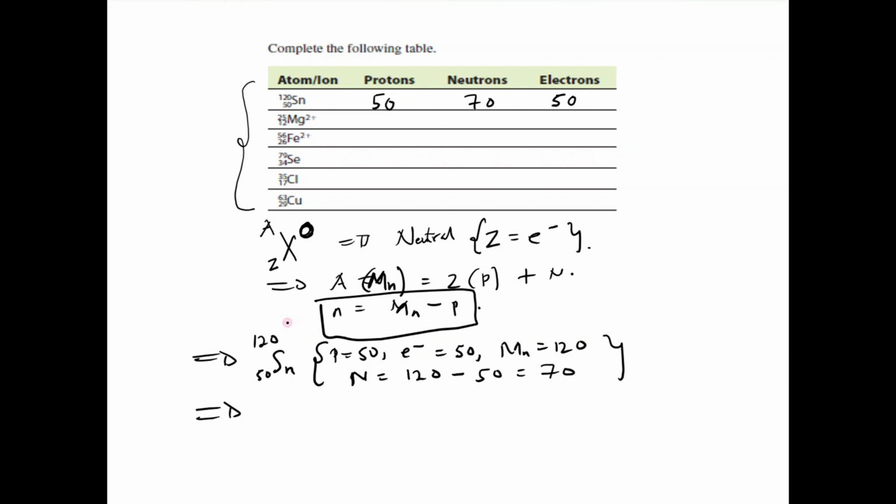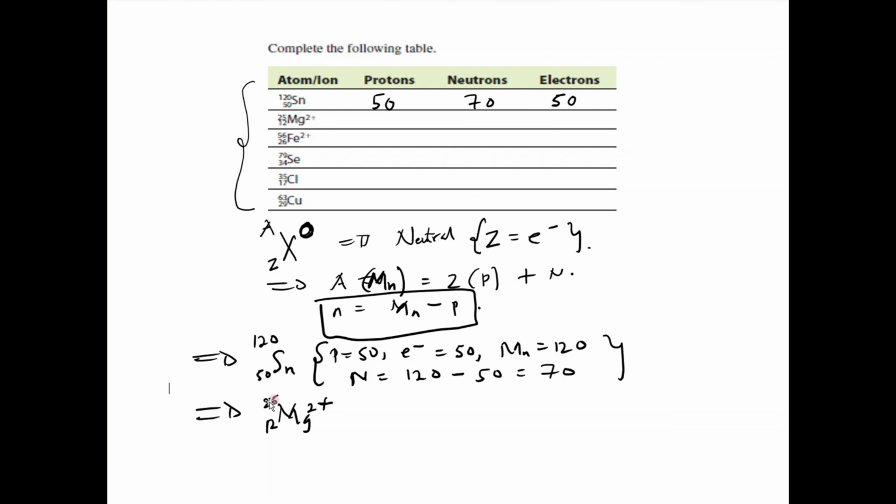Okay, the second one is Mg with a charge of plus 2, right? The number of protons here is 12, which is the atomic number, and the mass number is given as 25.